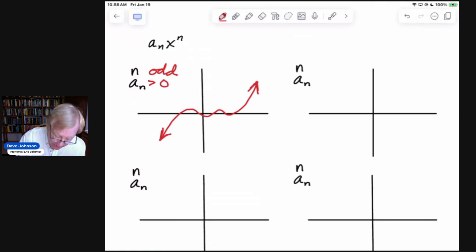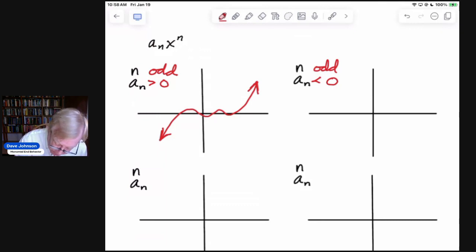Now let's go on. Let's suppose that we're still talking about n odd, but what if the leading coefficient is negative, so less than 0? Well, we know from function transformations, and if you haven't had function transformations yet, don't worry, if you think about the straight line with a negative slope, it's going to switch the positives to negatives and the negatives to positives.